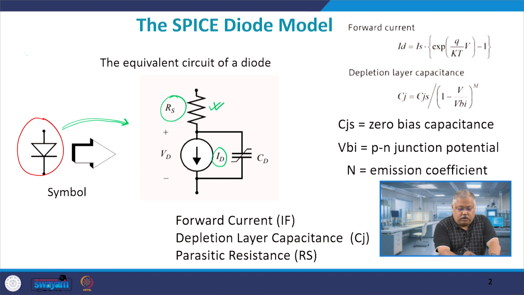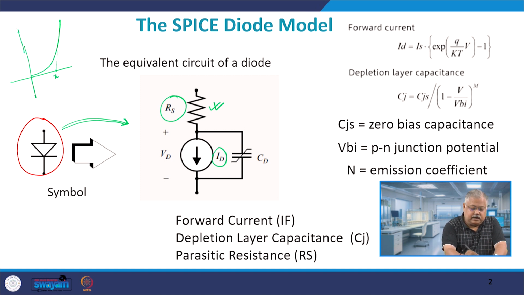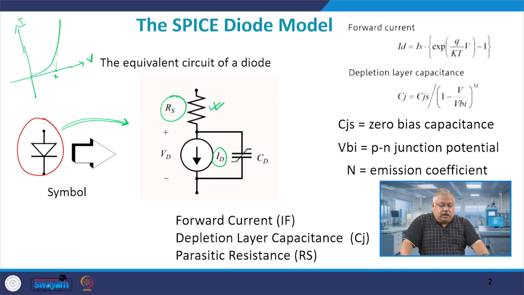So, if I plot the IV characteristics, current versus voltage, let us suppose we come to this point x. As the voltage increases and somewhere around x, the current is sort of independent of the voltage.